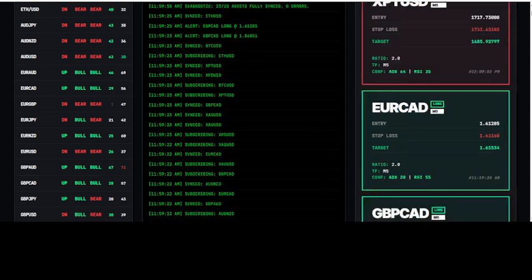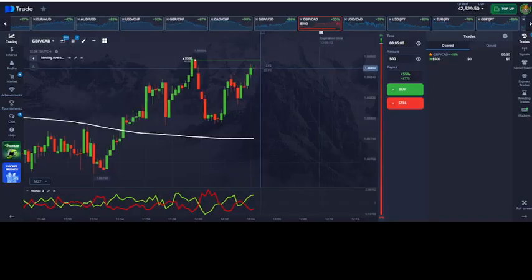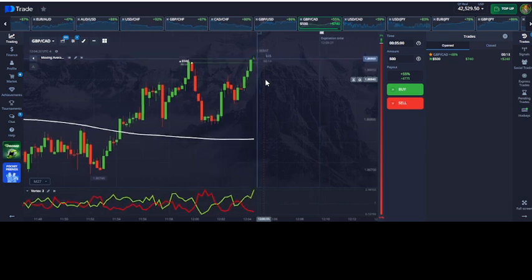All right, so I'm going to pause this video and wait for the expiration with about 30 seconds left in the trade. Okay, so we have a few seconds left in the trade here, about 20 seconds left, and it's going to be close. 10 seconds.